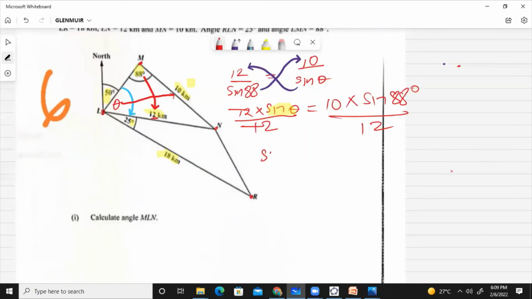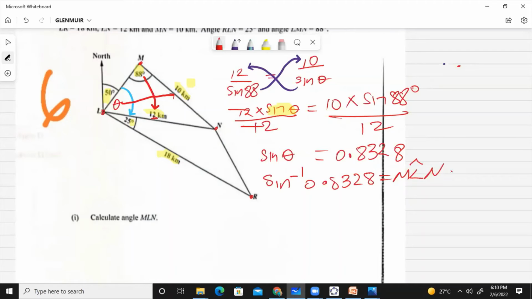So now the sine of the angle is equal to, let's put that on our calculator, 10 sine 88, divide that by 12. I want somebody to verify. I got 0.8328. But remember that this is not the answer. So we're going to have to have sine inverse of this value, and then the angle will come out to us, and the angle is MLN right there.